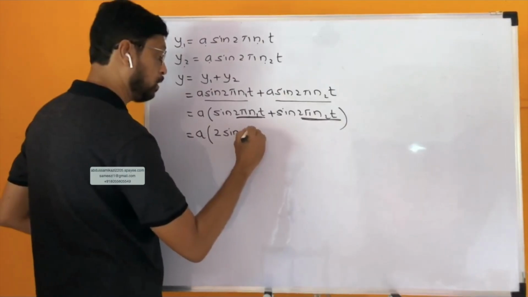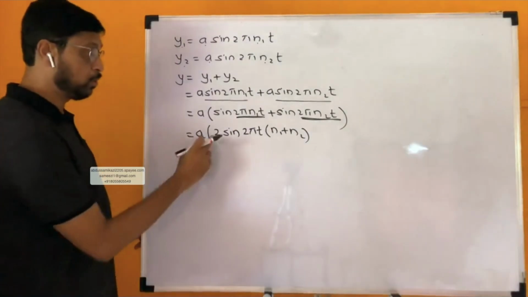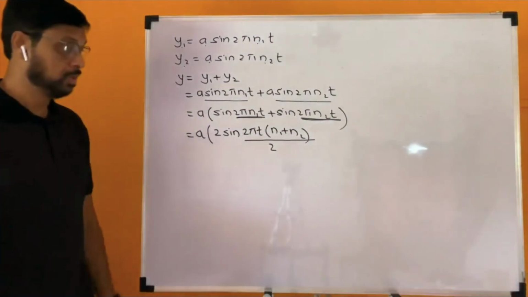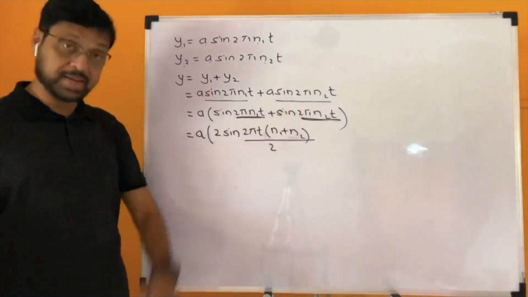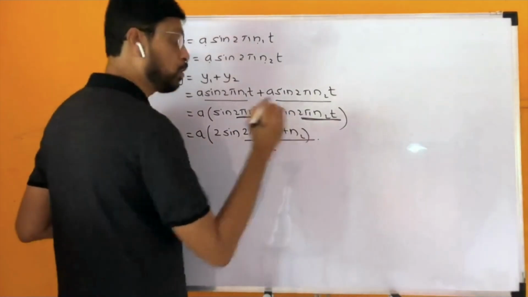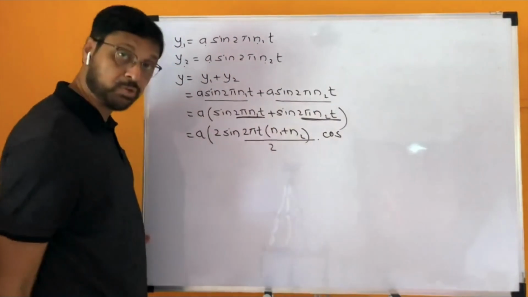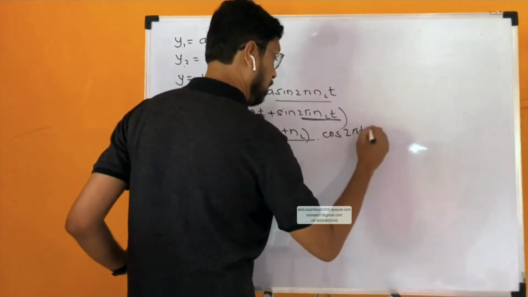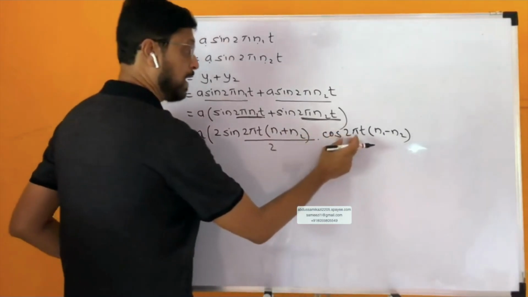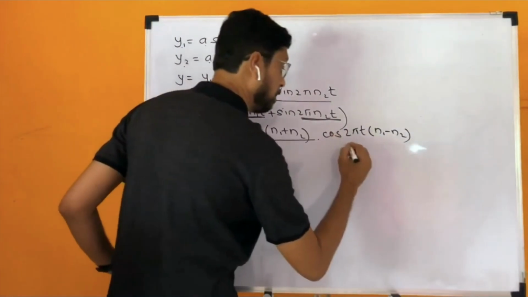So sin 2 pi t into the bracket (n1 plus n2) by 2. Is that equal? Sin C plus sin D is 2 sin (C plus D) by 2 into cos (C minus D) by 2. Again, 2 pi t common, n1 minus n2. Cos 2 pi t (n1 minus n2) by 2 means it is cos (C minus D) by 2.